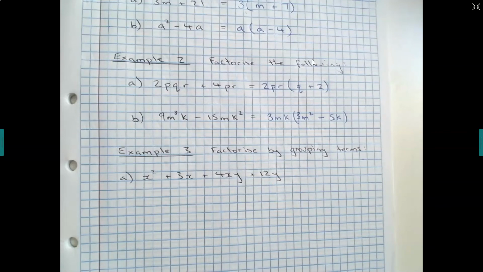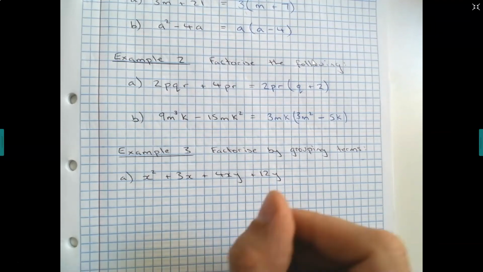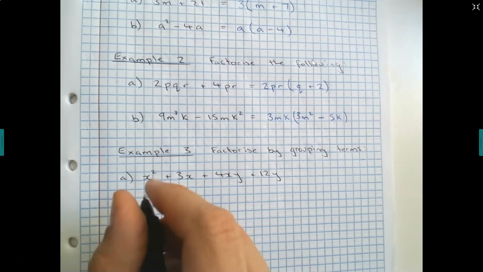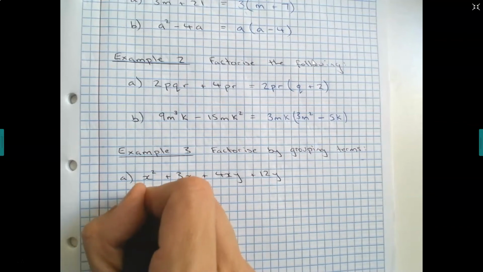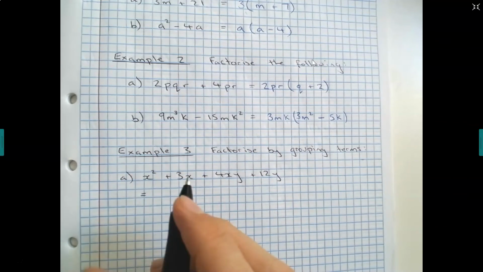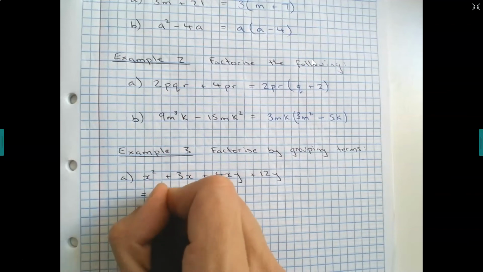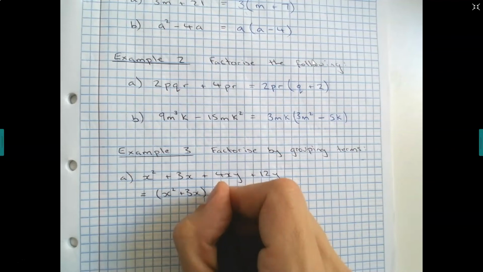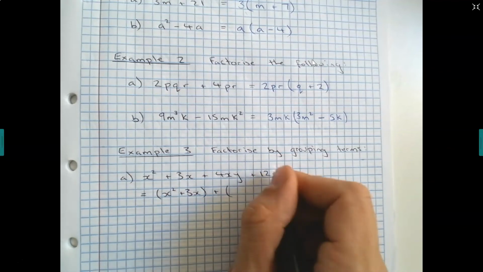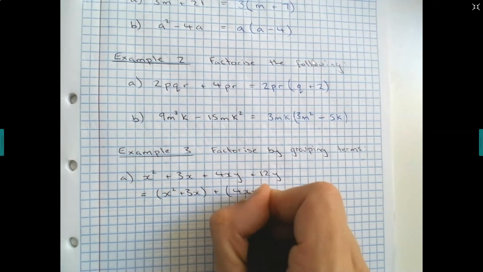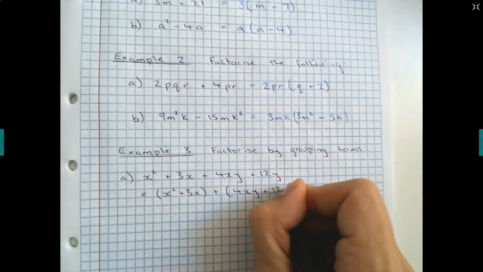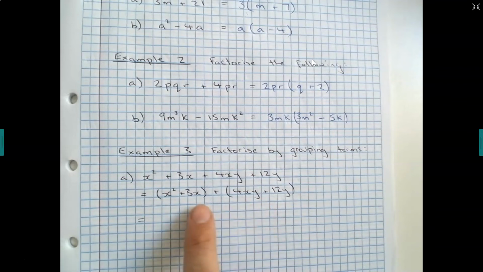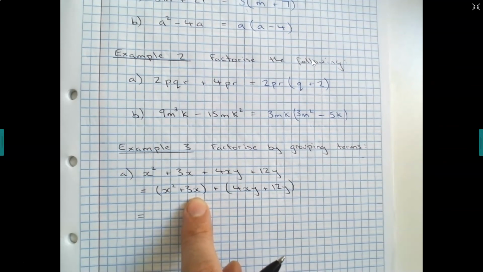So what we can do is we can group this. So we're manipulating it in a way that we're then going to be able to factorize. So I'm going to group my x squared plus 3x together. Now we've still got plus, and then I'm going to write the second part of this expression. So I've segregated the two from each other.